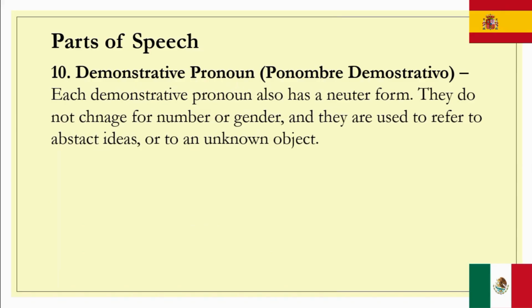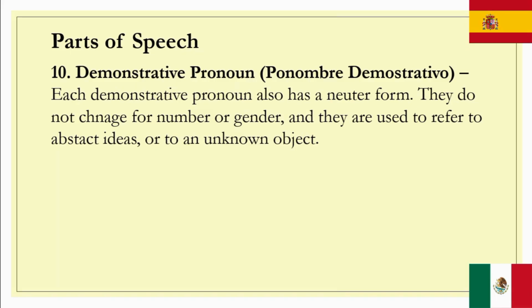So each demonstrative pronoun also has a neuter form. They do not change for number or gender, and they are used to refer to abstract ideas or to a known object. Okay, so I know that it's a lot to memorize. Most of these demonstrative words, all you need to understand here is their function, whether it functions as an adverb, adjective, or pronoun.